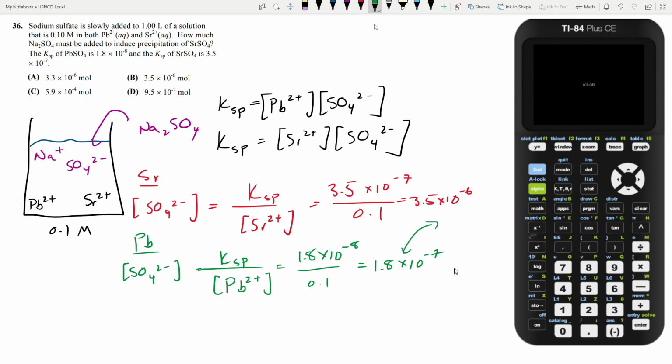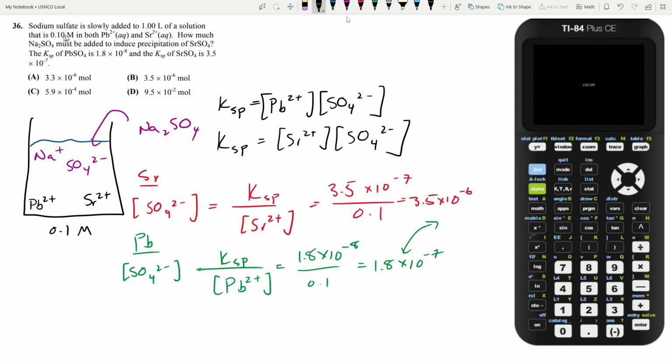So what's going to happen is that the lead is going to start precipitating out until it's fully precipitated out, the solution is saturated, and the sulfate can start going towards the strontium. So the timeline goes kind of like this. The sodium sulfate is added, and when it reaches this concentration, the lead sulfate is going to start precipitating out, and it's going to precipitate out until all of it is precipitated.